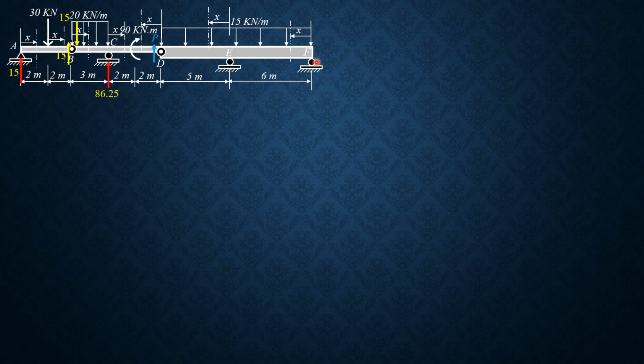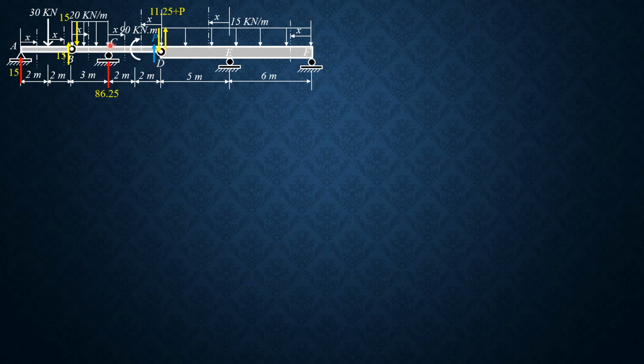So we proceed to this section. So if we have P here, then the reaction here was 11.25 downward, but because there is P here, it should be 11.25 plus P downward. So action reaction 11.25 plus P upward.